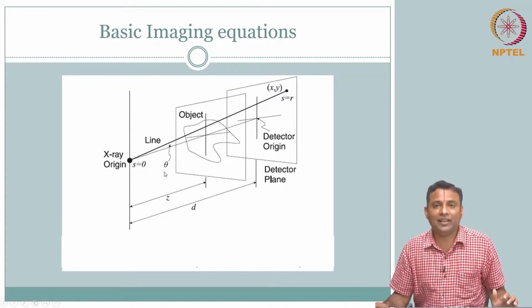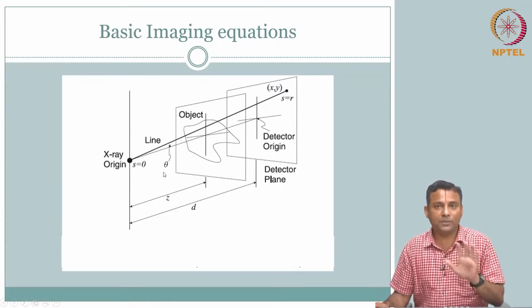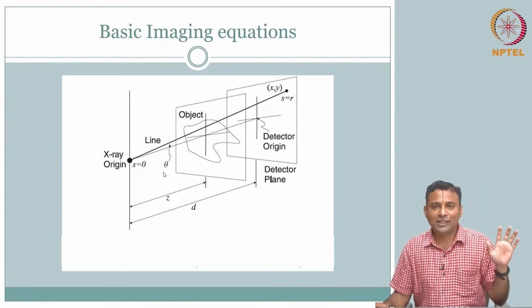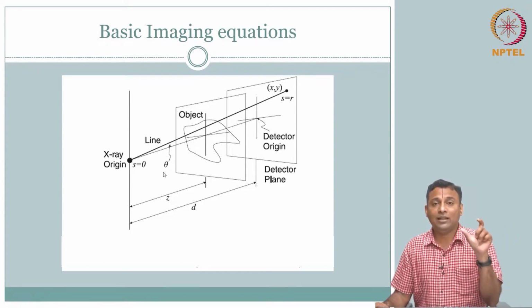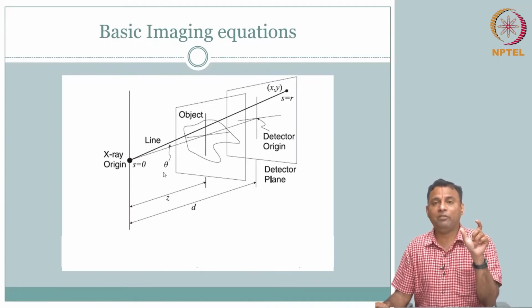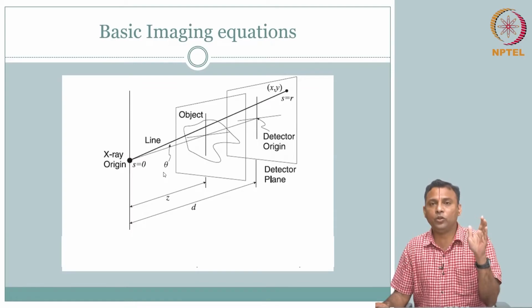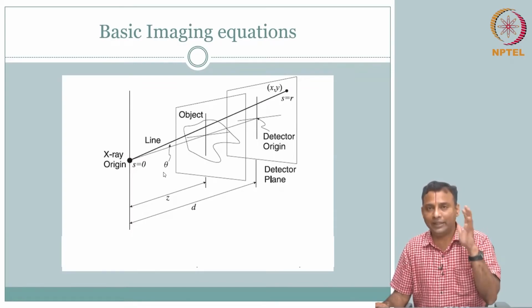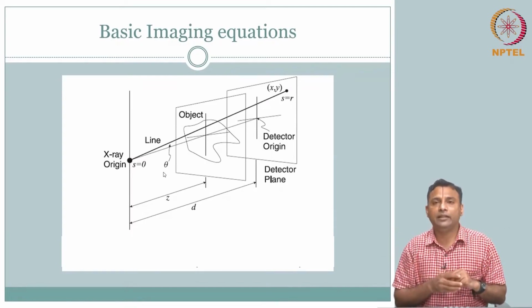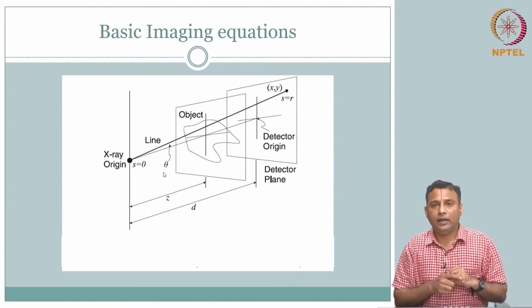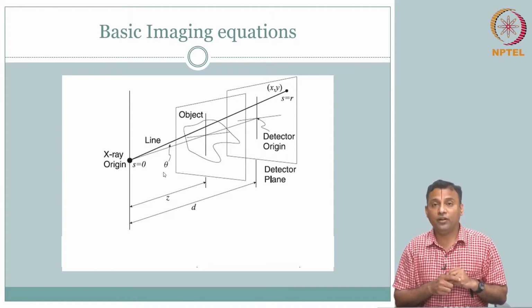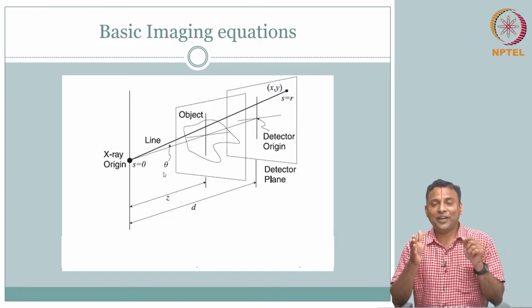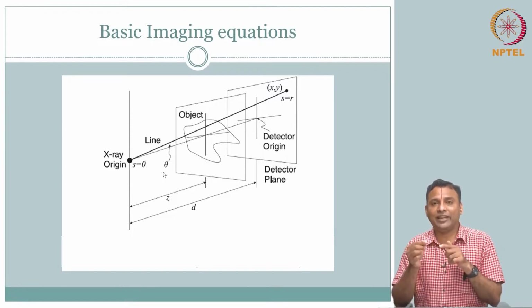So what is new in imaging here? The concept is the same, the physics is the same. But now that law we had, I equals I naught e power minus mu delta x, the exponential decay model, how are we going to account for it? That pertains to whatever is falling on the material and whatever came out of the material.